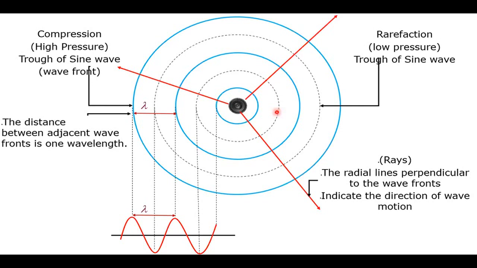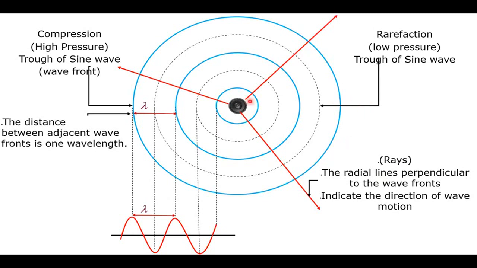And these directional lines are called rays, which indicate the direction of the wave motion. You can draw many rays.